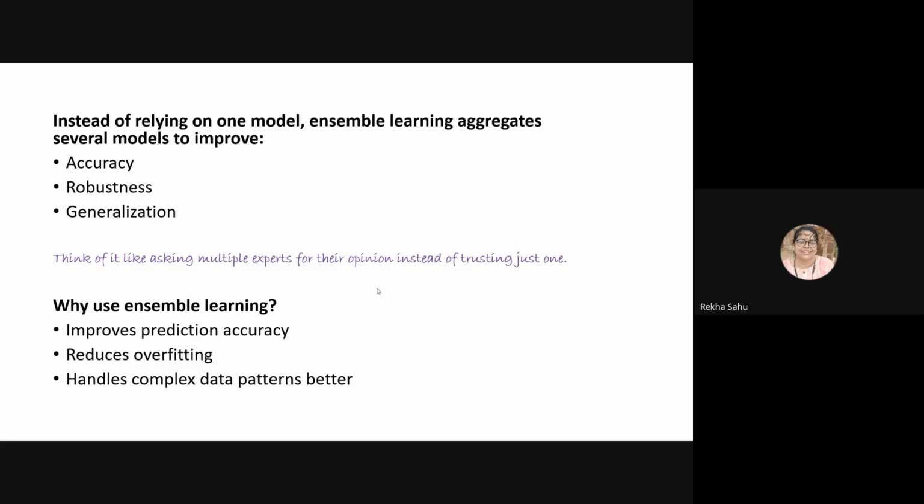So the ensemble learning approach is that you consider multiple machine learning approaches and then predict the result. By that, you improve prediction accuracy, reduce overfitting, and can handle complex data.